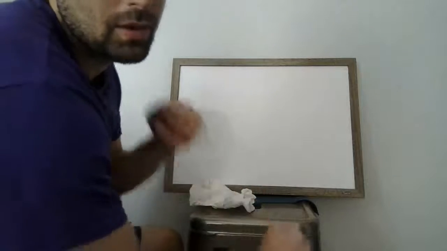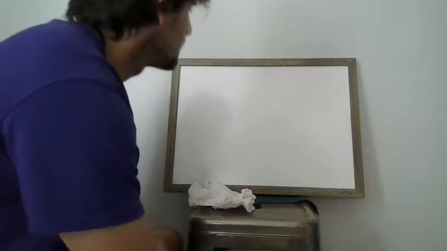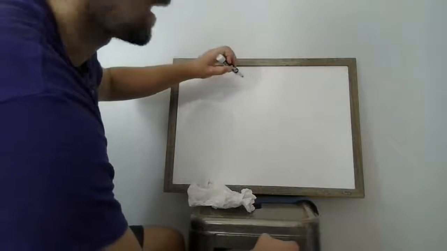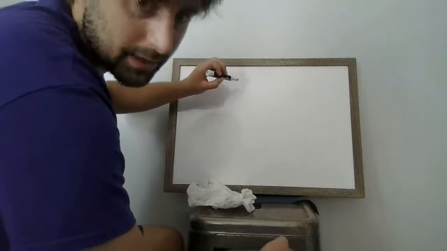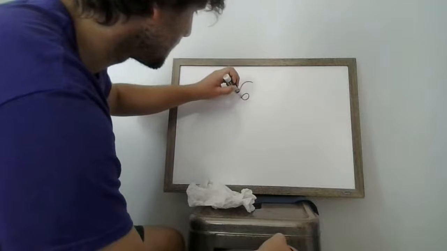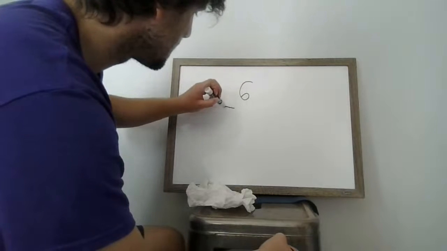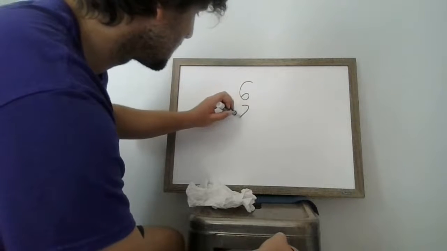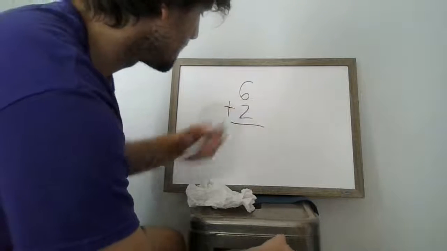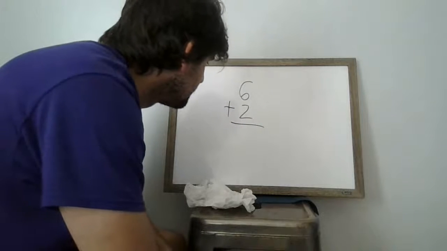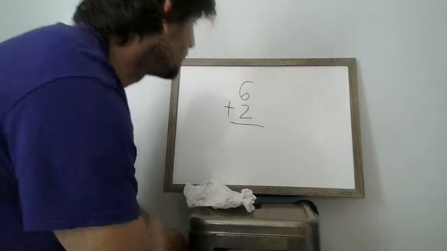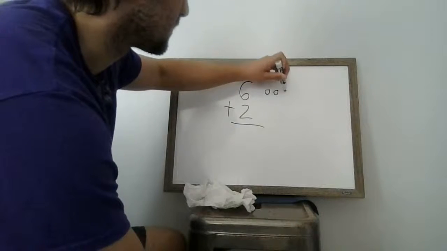I'm going to do one last example problem here, and I'm going to end this video by saying a few words. Six plus 2. So I'm going to draw 6 circles next to the number 6.